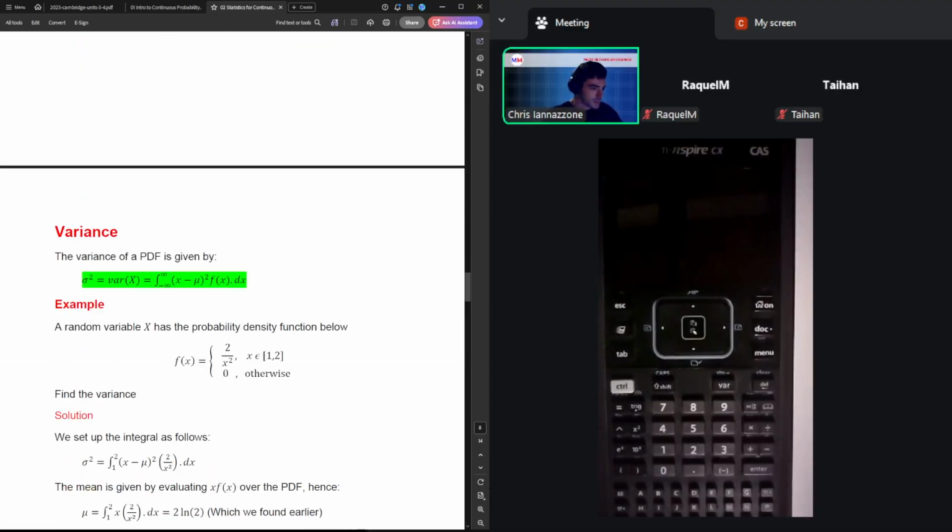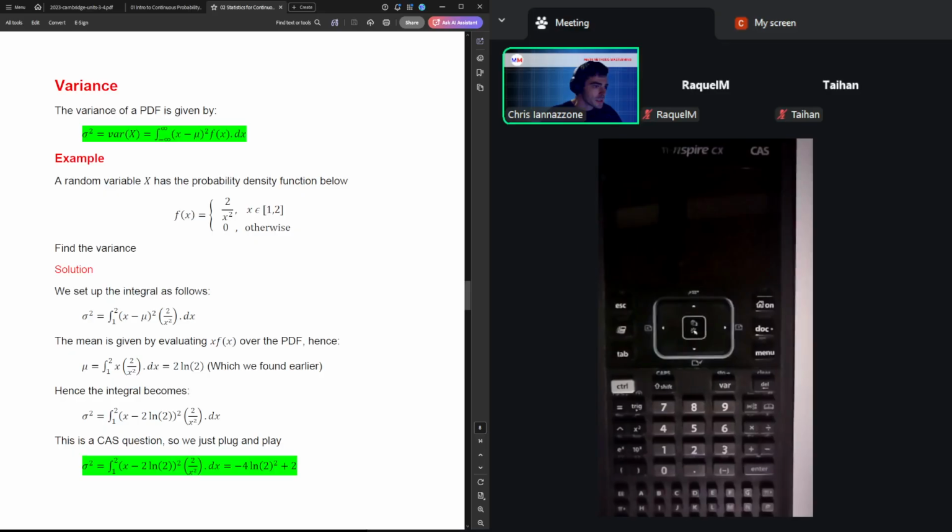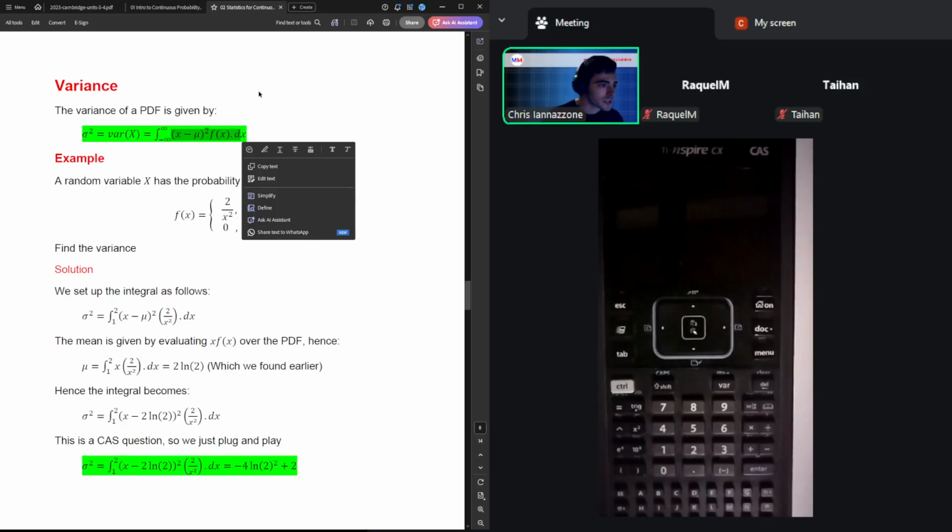Easy. Next up, variance. You would have seen a similar equation to this when we looked at it in discrete. This is the integral version when we use it for continuous. Now, last time when it came to discrete, I advised not using this version of it, rather doing E of X squared take E of X all squared, the expanded version, and you can absolutely do that here as well.